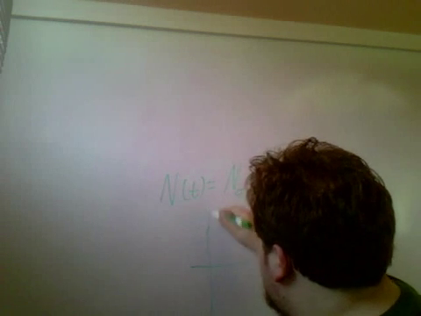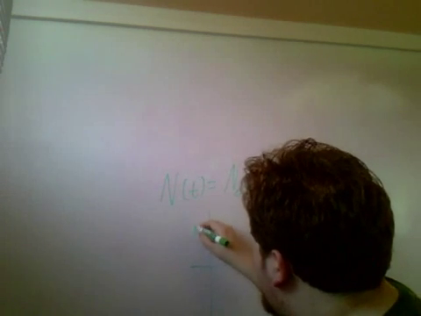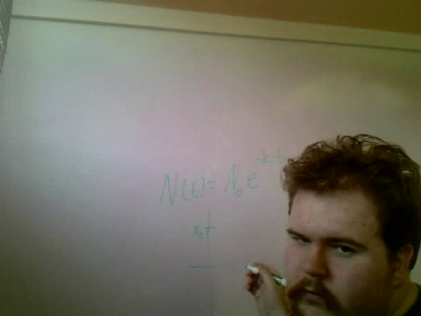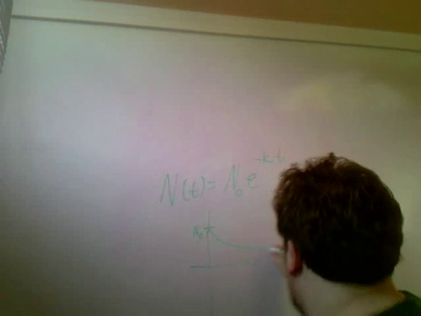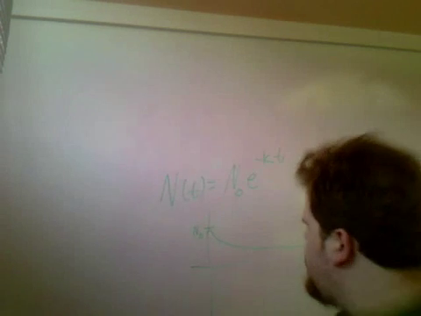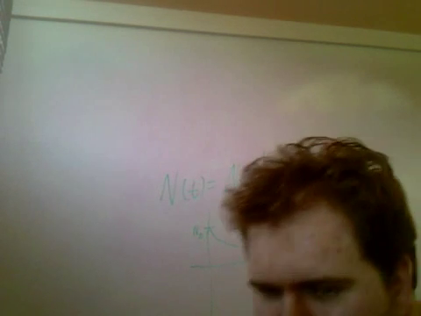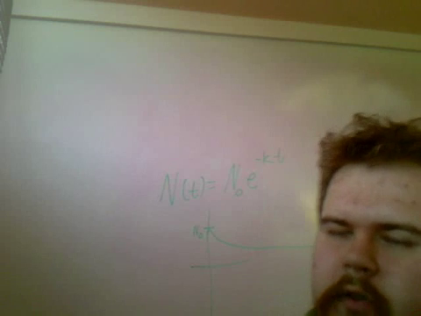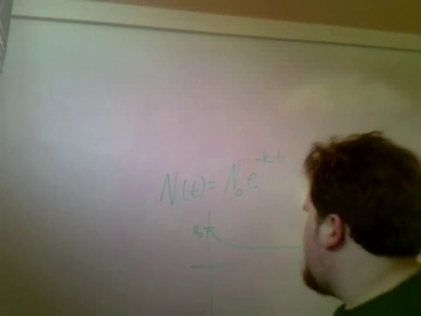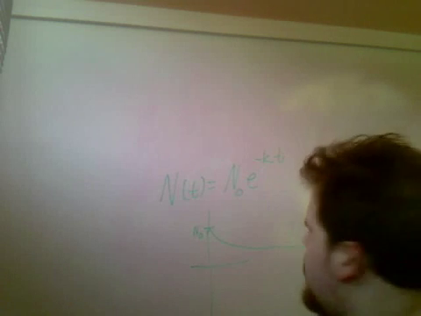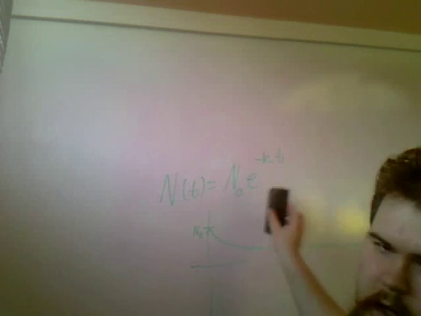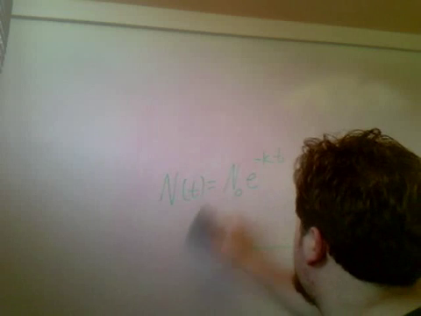So at time t equals 0, you start off with some amount n0. And then as time goes on, it just goes down like this. Never quite touching 0, but it gets arbitrarily close. As time goes on, you get closer and closer and closer to 0 in this manner.